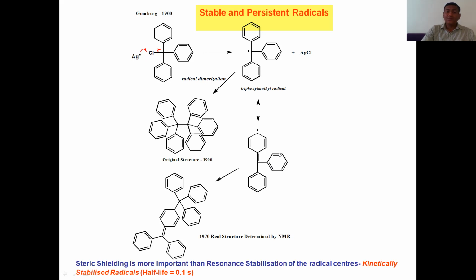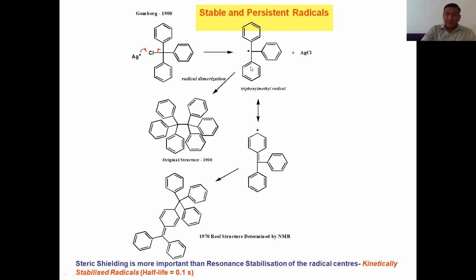Sometimes you will find the radical here, sometimes here, sometimes here. So there are a lot of chances to stabilize it, and we can say it is a kinetically stable radical.